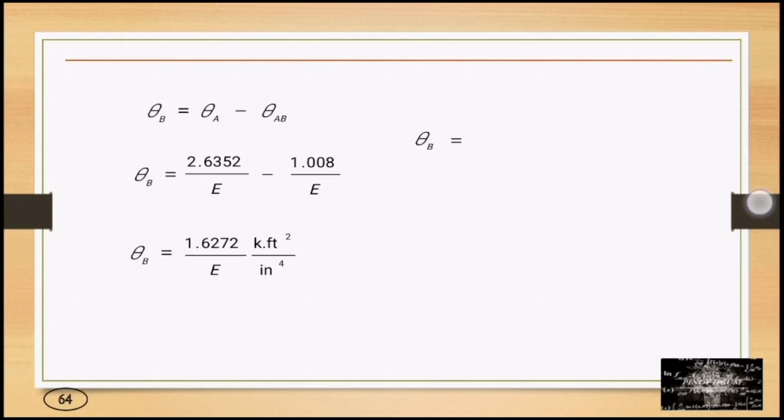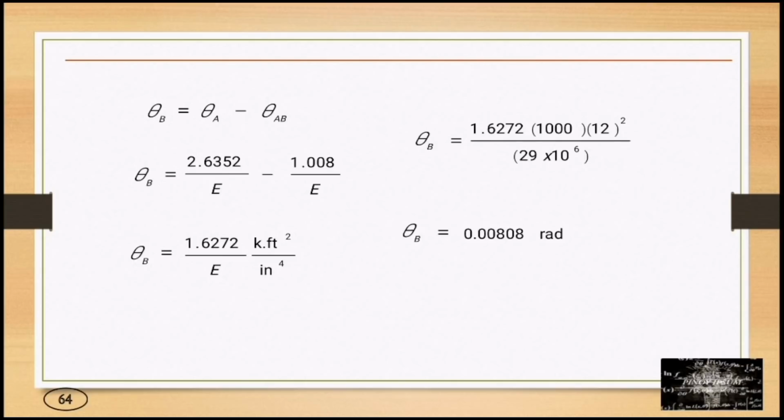So ang theta B is equal to 1.6272 times 1,000 times 12 squared over 29 times 10 to the power of 6. Or yung theta B is equal to 0.00808, expressed in radian. So since positive, naka counterclockwise. Okay?